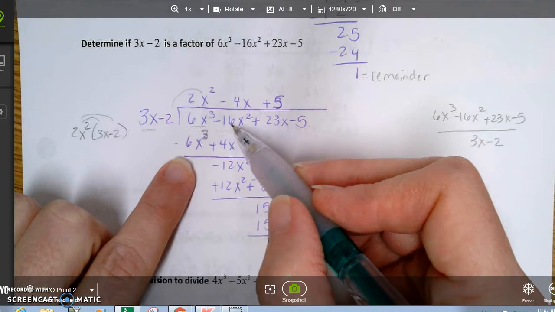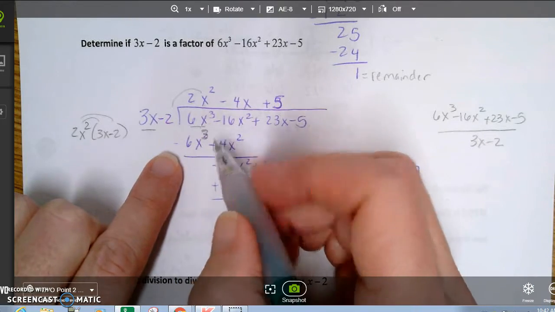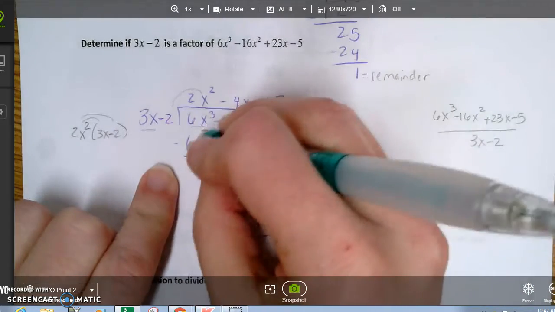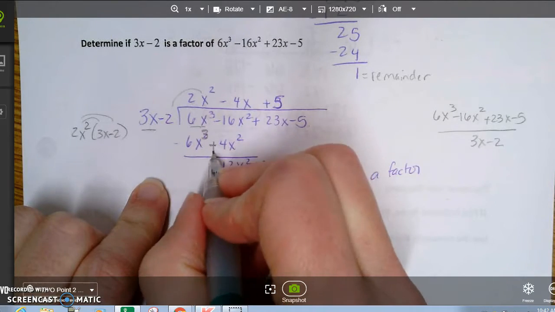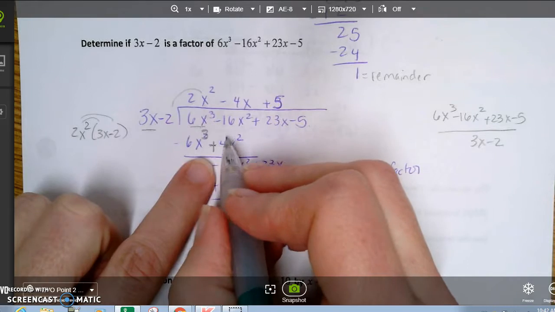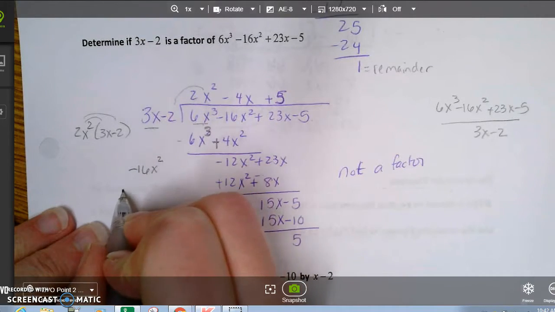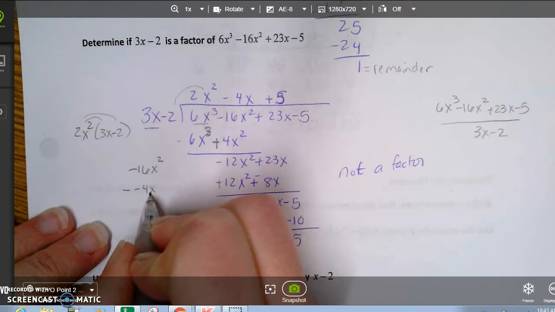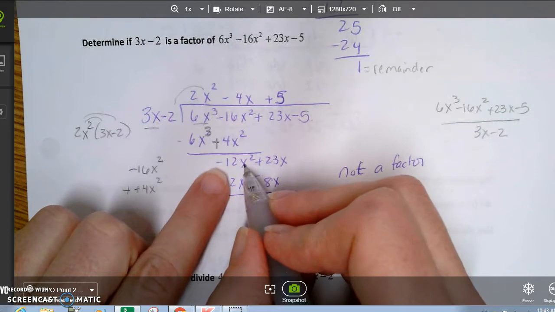And then negative 16 minus, because initially it was a minus sign here, right? And then because I'm subtracting, it becomes plus. So negative 16x squared minus a negative 4x squared becomes plus. So that becomes negative 12x squared.